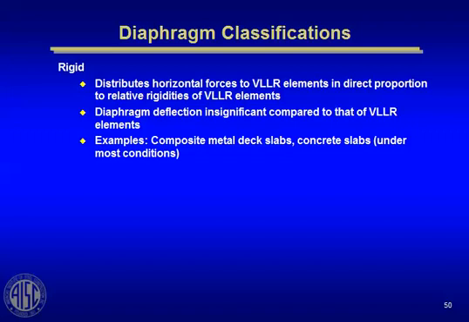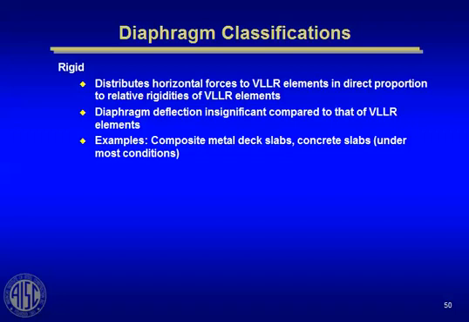Rigid diaphragms distribute horizontal forces to the VLLR elements in direct proportion to the relative rigidities of the vertical lateral load resisting system. The diaphragm deflection is insignificant compared to that of the VLLR elements for a rigid diaphragm. What do we mean by rigid diaphragm?